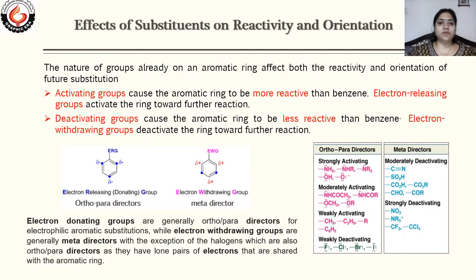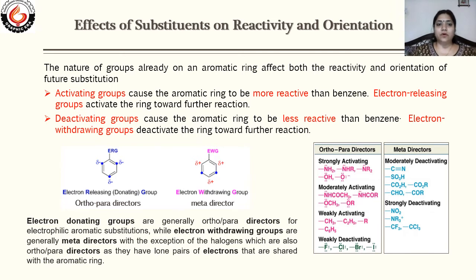Effects of substituent on reactivity and orientation. In case of benzene, the electrophile can attack on any carbon of the benzene. But if any substituent is present on the benzene, as in case of toluene, phenol, etc., then these substituents may direct the electrophile to attack on particular positions in the benzene ring.